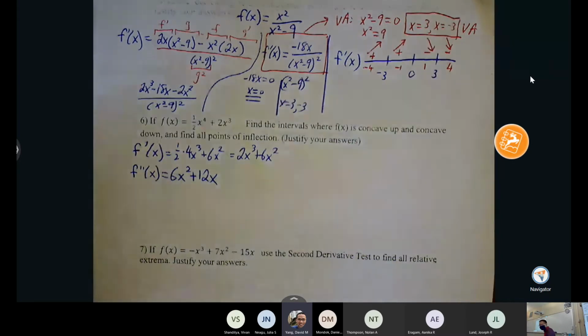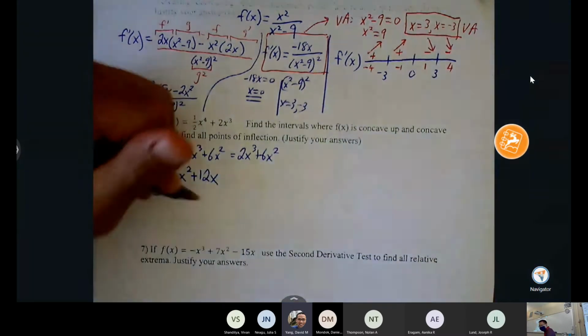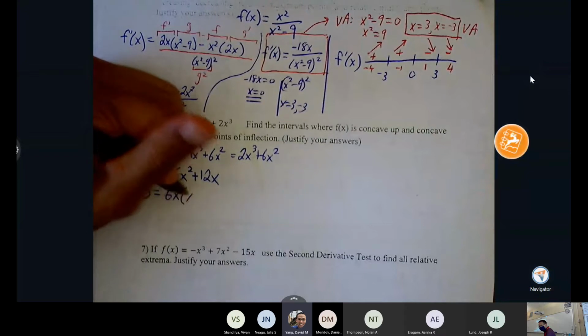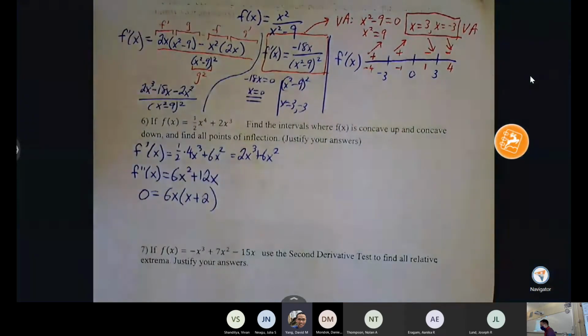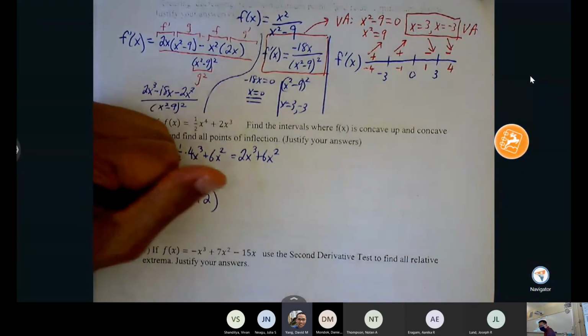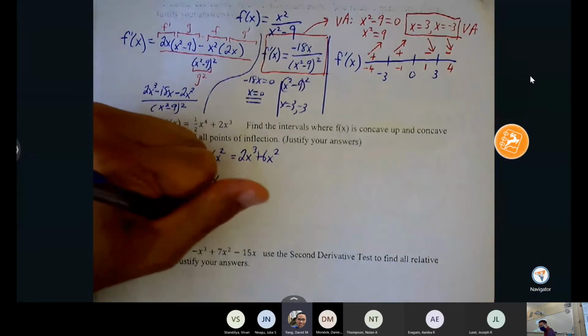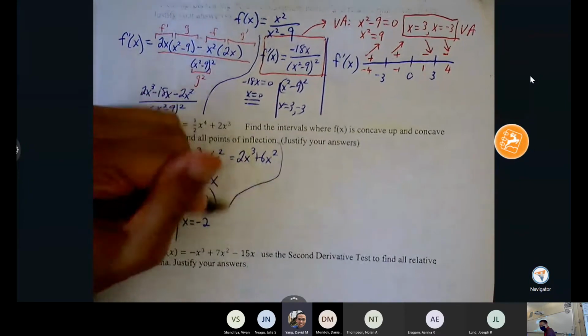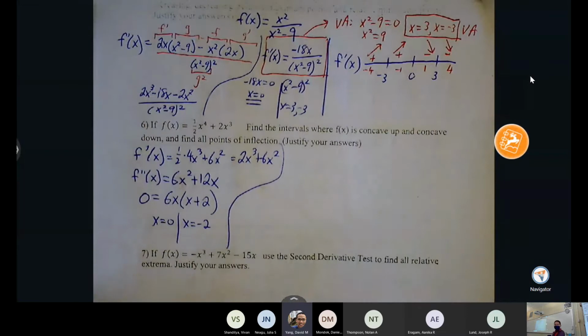Find our critical points. Okay, what can we do now? Plug in critical points. Yeah, let's create our second derivative sign line, right? Oh, yeah, sorry. Yeah.